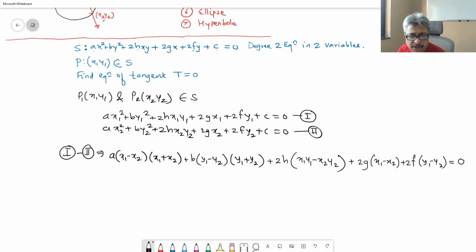Now keeping all the first terms same, let me try it out. We say I want x1 minus x2 common, right? No, not like this.